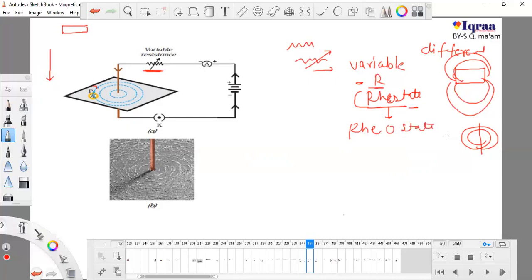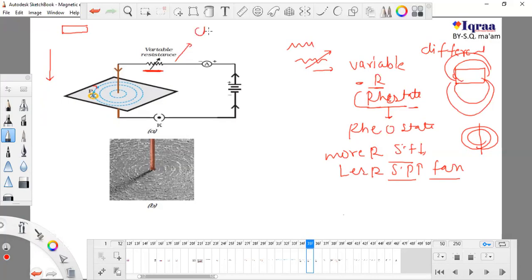When there is more resistance, the speed of the fan is less, and when there is less resistance, the speed of the fan is more. We will study all this in our electricity chapter. The main thing is that the rheostat changes its resistance.